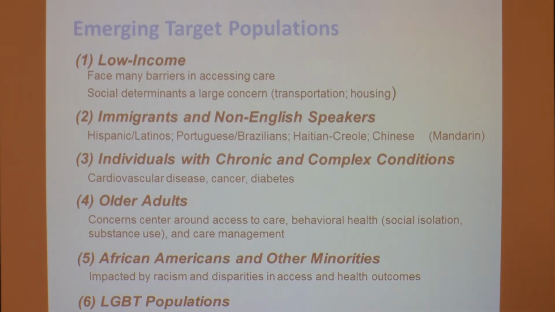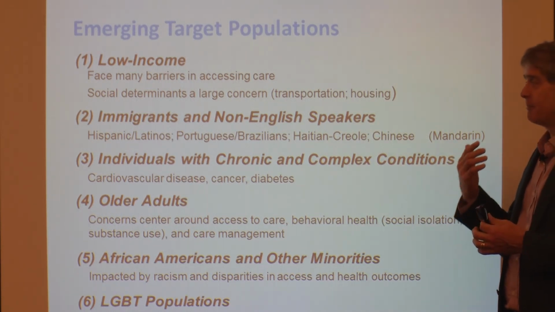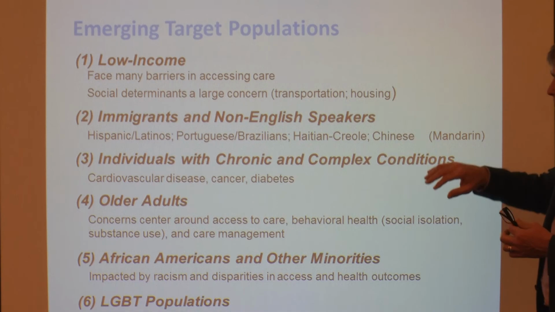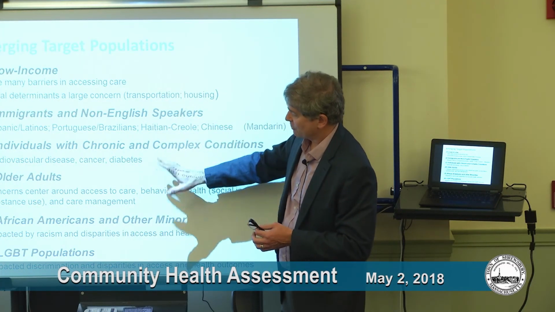Some of the major target populations or priority populations that we've identified that are particularly challenged are low income for sure, and some of these are overlapping.